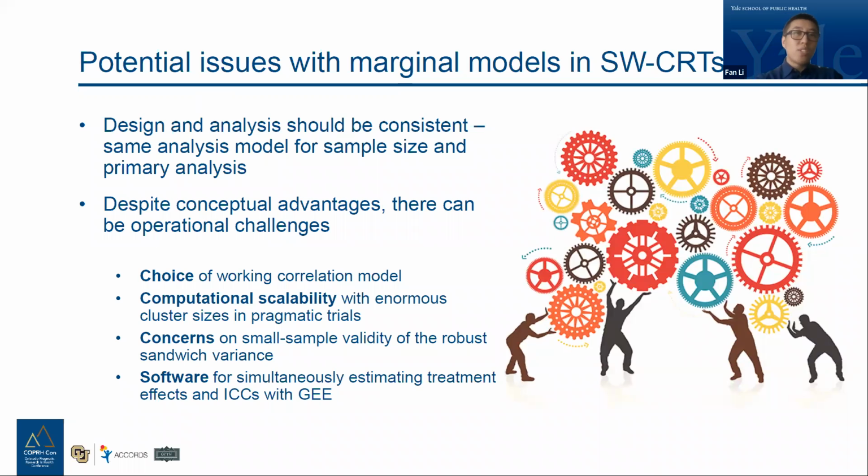While the robust sandwich variance is valid asymptotically with a large number of clusters, in reality we may only afford a small number of clusters to randomize in SW-CRTs, and there may be concerns about small sample validity of the robust sandwich variance as an inference option. And finally, we may be wondering what software is available to simultaneously report the treatment effect estimates as well as the ICCs under the marginal model framework for SW-CRTs.